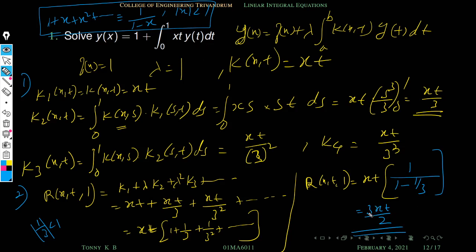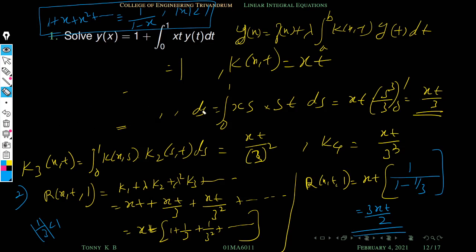Okay, next we have to find the solution using our last form. What is the solution if the resolvent kernel is known?